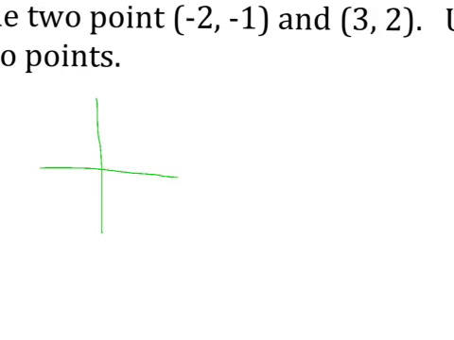So we have one point at -2, -1, and we have another point at 3, 2. So I want to know, how far apart are these 2 points? Well, we can't really count because it's diagonal.